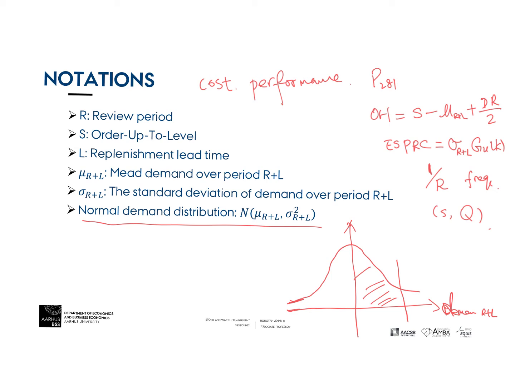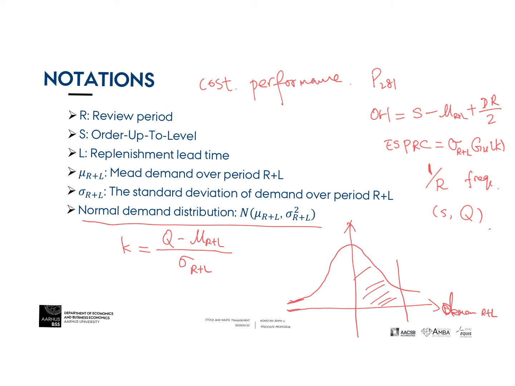So the safety factor k is determined by the value of your targeted order quantity minus the average demand over your critical time, divided by your standard deviation.